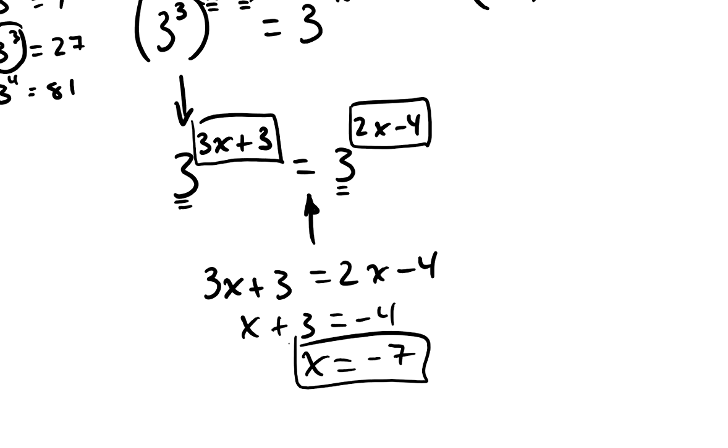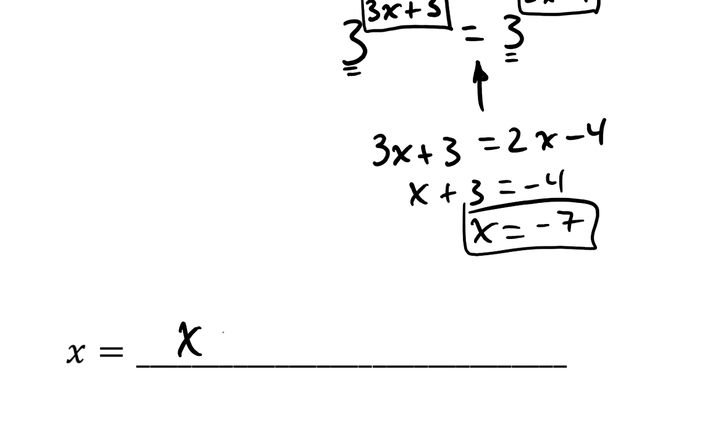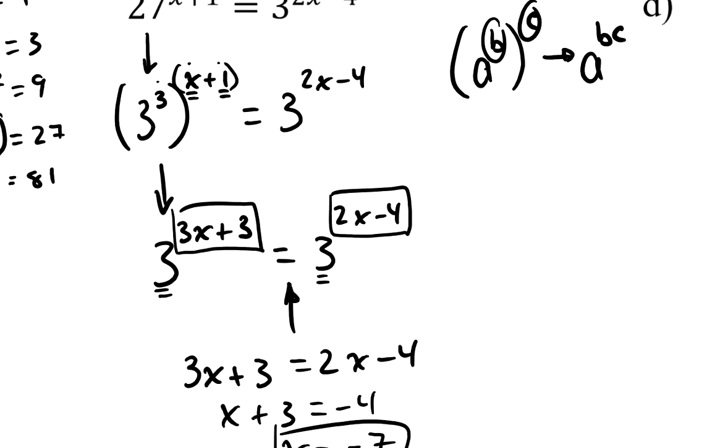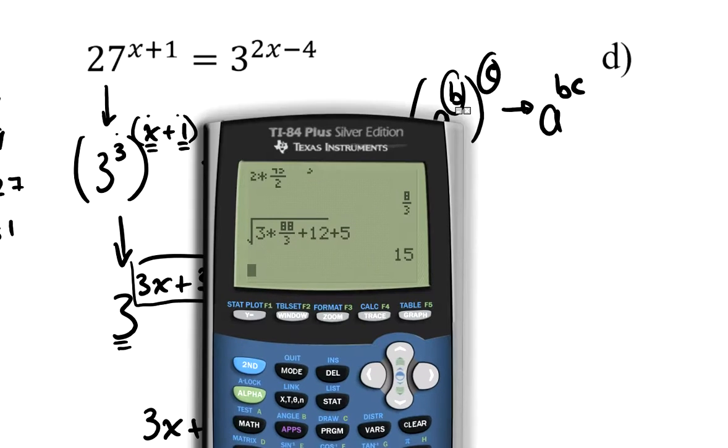So this value of x will make both the left-hand side and the right-hand side equal. Let me write that down. x is going to be negative 7. So checking this, that's a little interesting, right? It's not difficult, but it's a little funky.